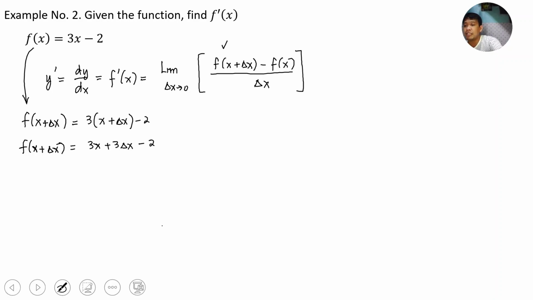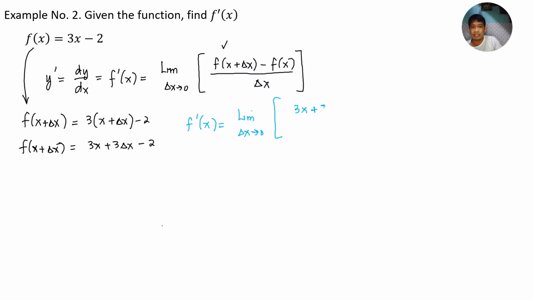Substituting to our definition, we will have f prime of x is equal to the limit as delta x approaches 0 of f of x plus delta x, which is 3x plus 3 delta x minus 2, minus your f of x, which is 3x minus 2, all over delta x.